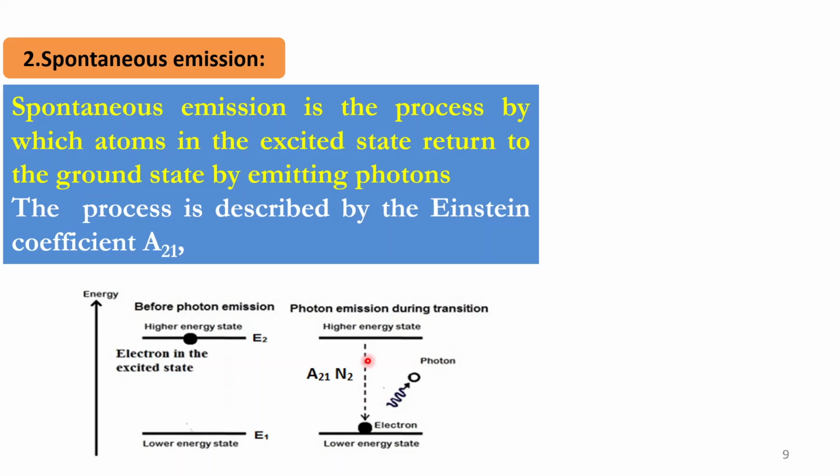When the atoms go from the higher energy level to the lower energy level, they emit radiation, and that process is known as spontaneous emission, which is denoted by the Einstein coefficient A21.